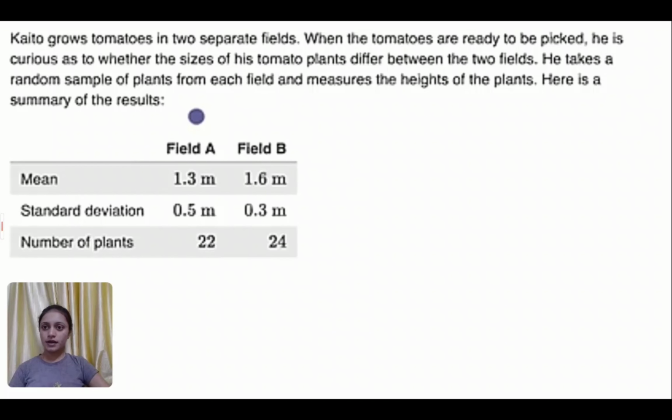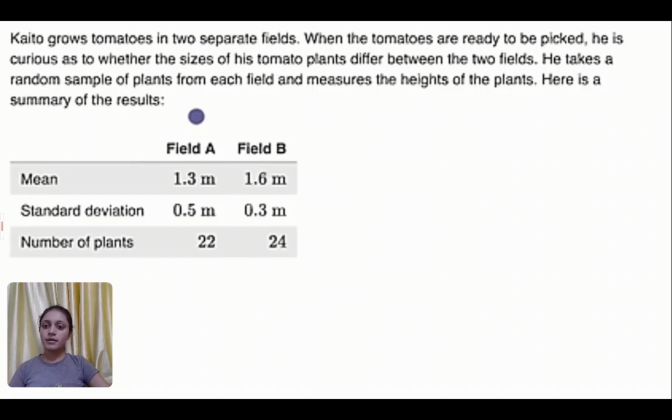Here is an example. A farmer grows tomatoes in two separate fields. When the tomatoes are ready to be picked, he is curious whether the size of the tomato plants is different in the two fields. He takes a random sample of plants from each field and measures the height of the plants. Here is a summary of the result.